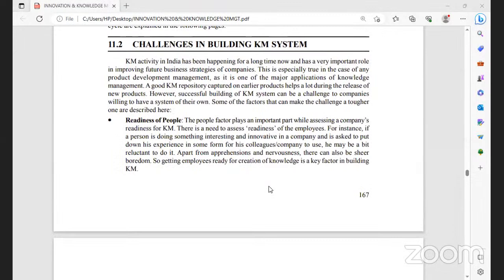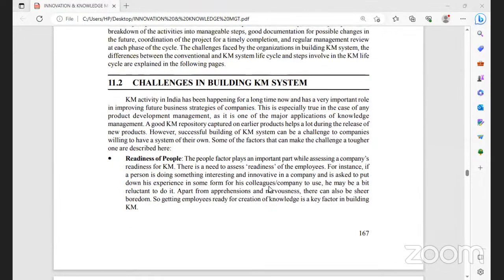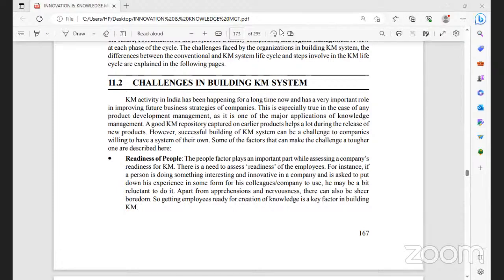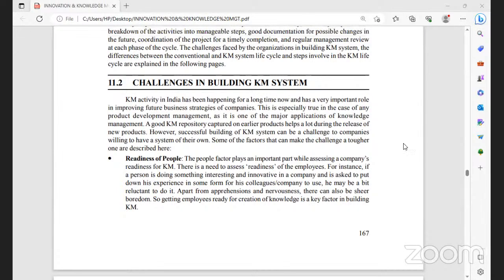Now, knowledge management activity in India has been happening for a long time now and has a very important role in improving future business strategies of companies. This is especially true in the case of any product development management, as it is one of the major applications of knowledge management.